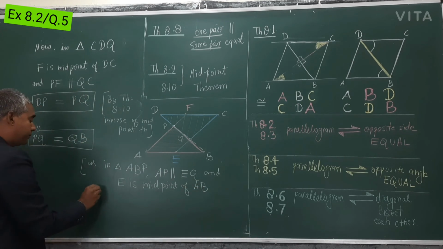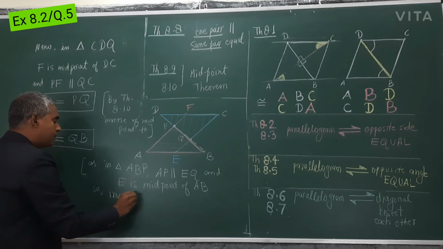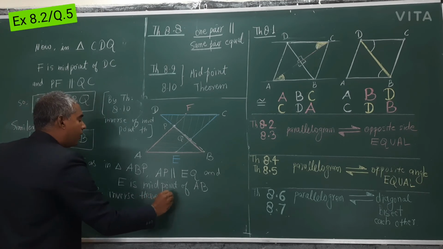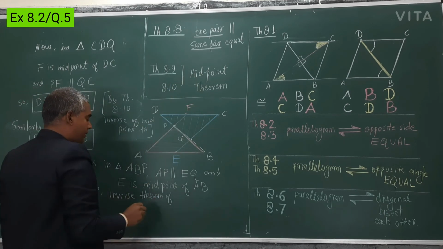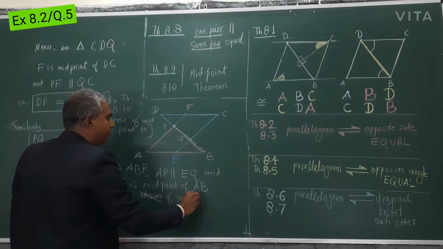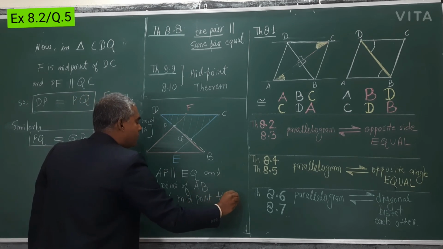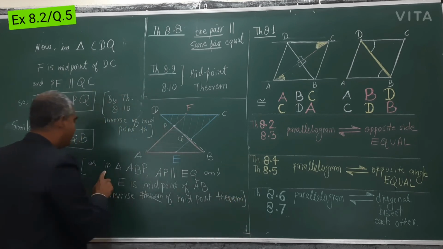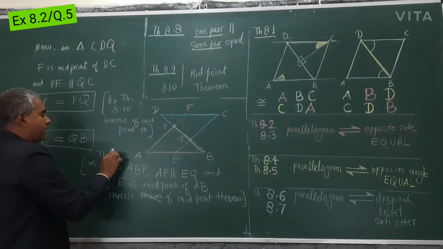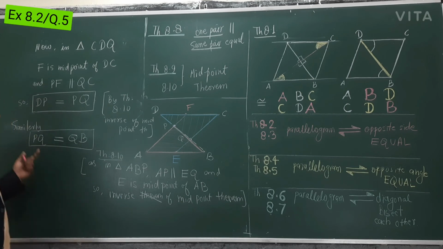So by the inverse theorem of the midpoint theorem, this is theorem 8.10. And now PQ is common here.